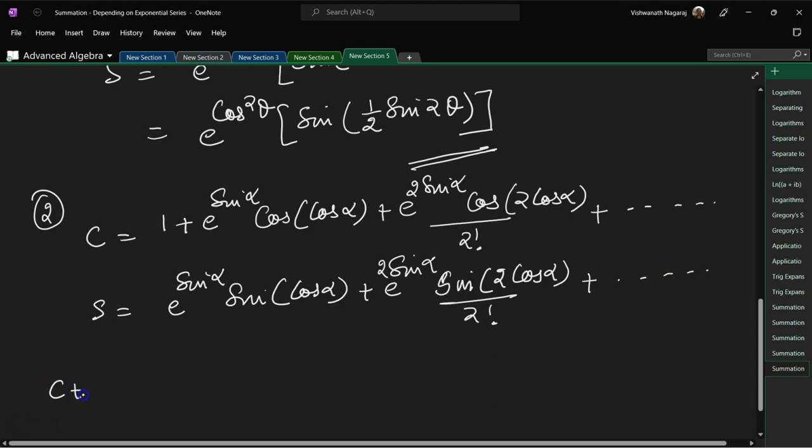Okay, so C plus iS would be equal to what? There is nothing corresponding to 1, so 1 plus e to the power of sine alpha is common to both.